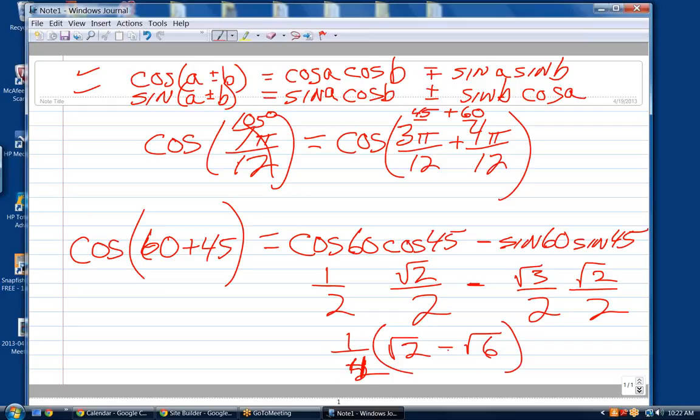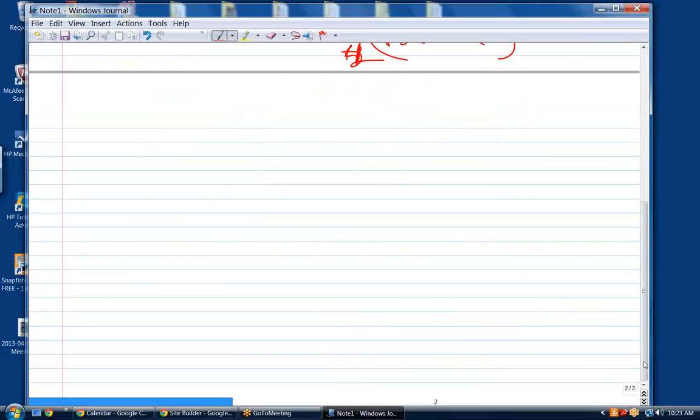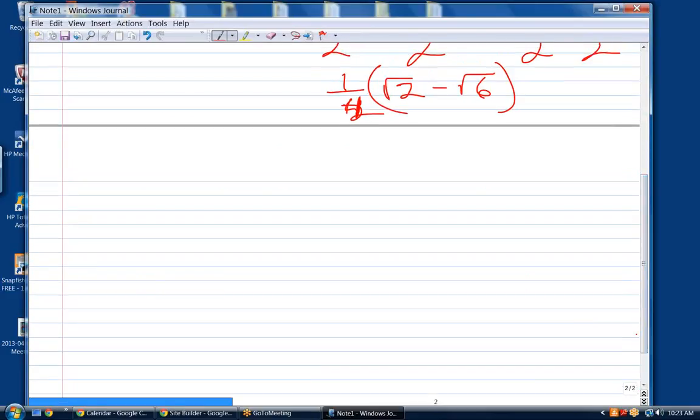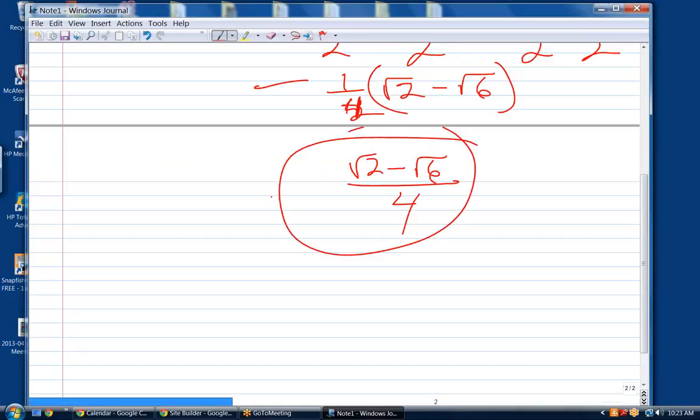And that is also a negative number, because square root of 6 is bigger than square root of 2. And it should be negative, because once again, we're in the second quadrant. You can give a decimal number for this, although if you're taking a multiple choice test, your answer is going to look like this, probably not a decimal number, because this is the most accurate answer you can give.